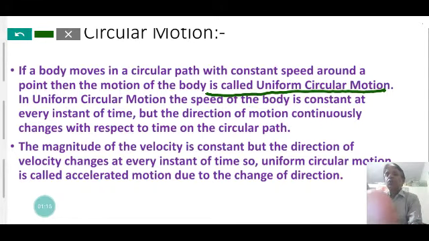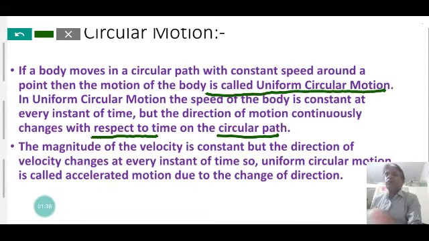Now, in uniform circular motion, the speed of the body is constant at every instant of time, but the direction of motion continuously changes with respect to time on the circular path. As time passes, the direction of motion of the object changes.